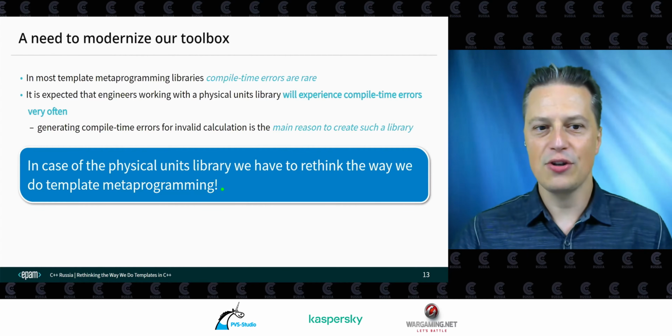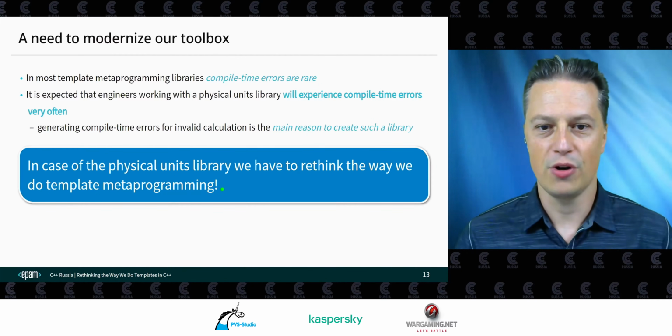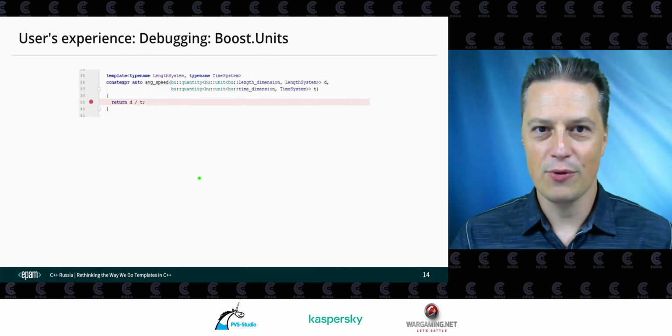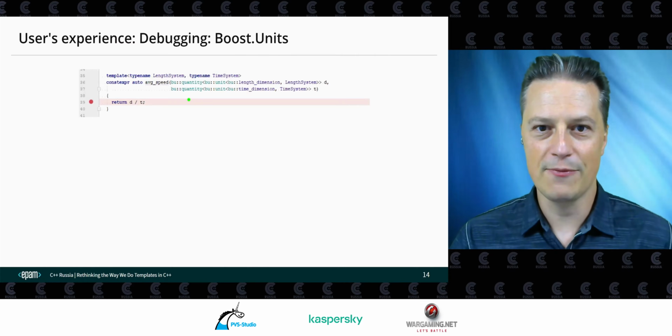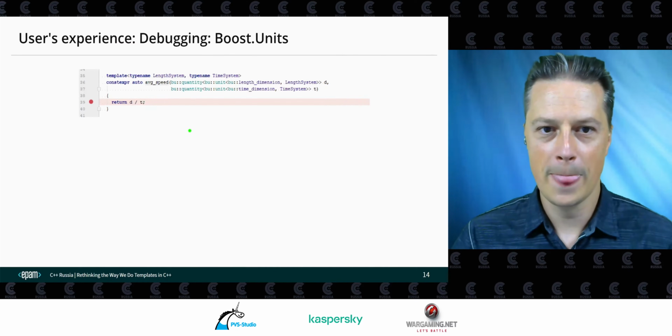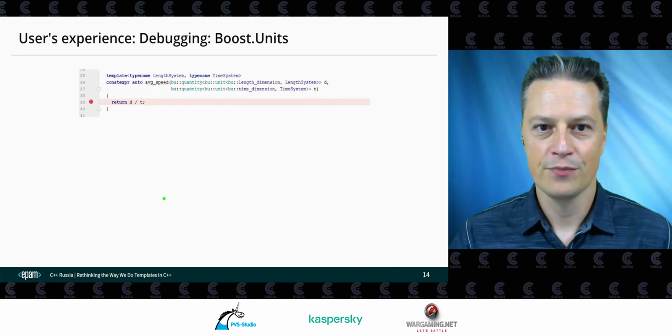However, user experience is not only about the compilers or compiler errors, it's also about the debugging experience. For example, let's come back to the boost units library, to the same function. Right now it's correctly typed with a division operation here, and let's make a breakpoint here.